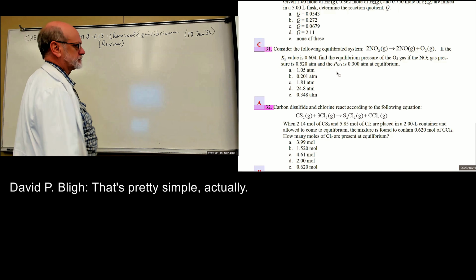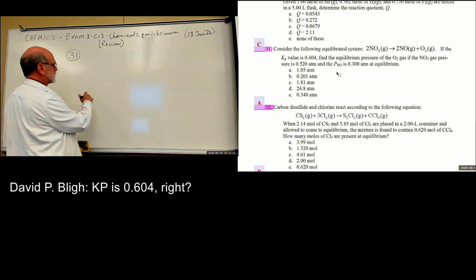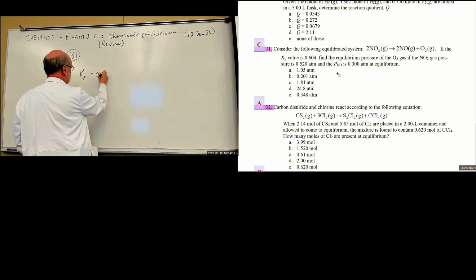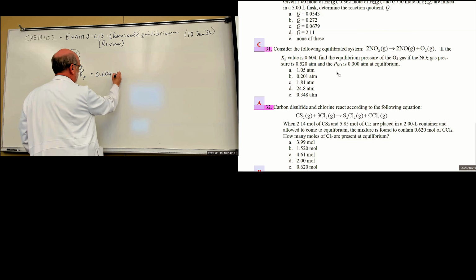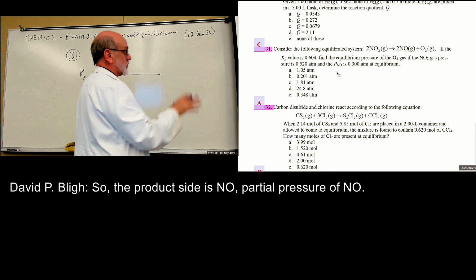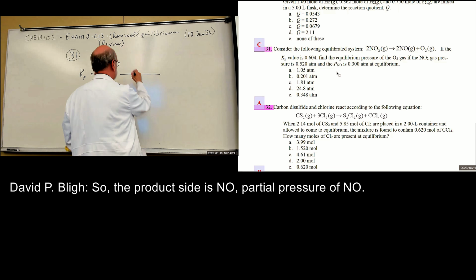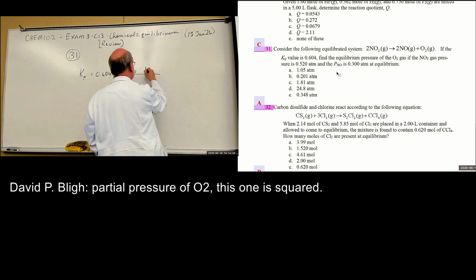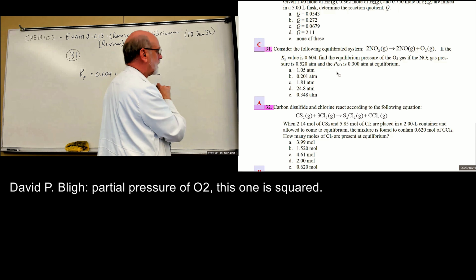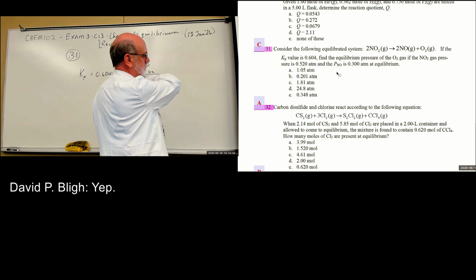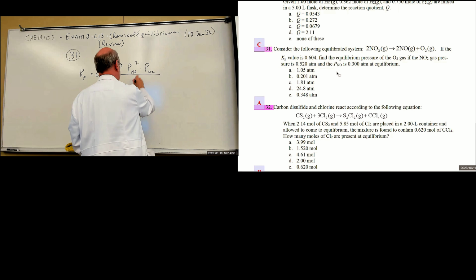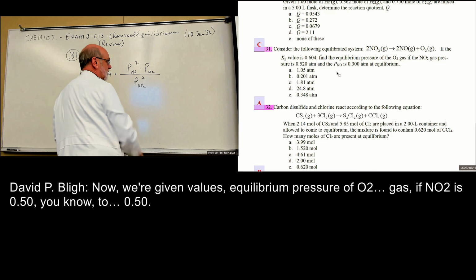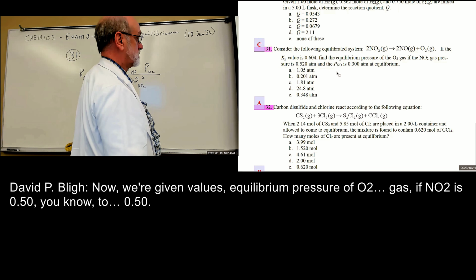That's pretty simple, actually. Kp is 0.604, so we're using pressure values. The product side is the partial pressure of NO, squared, and the partial pressure of O2. And the pressure of NO2, also squared.